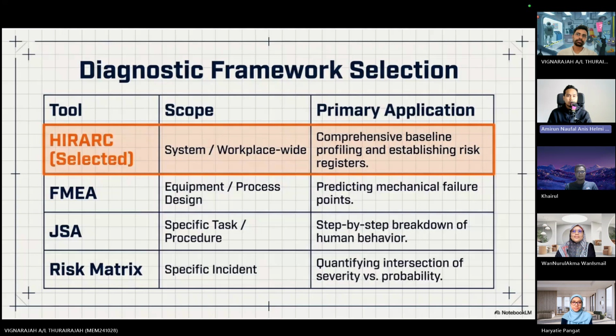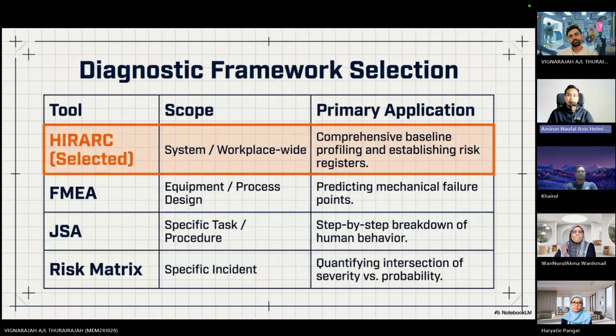As Nurul already presented on the assessment and audit of company S, after we audited company S, we also discussed together the tools that we are going to use to assess this risk, and which tools are most suitable for us.